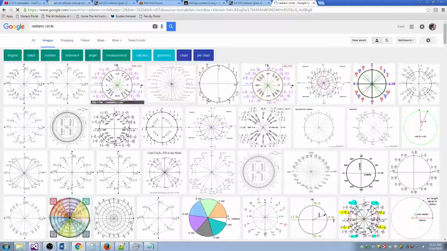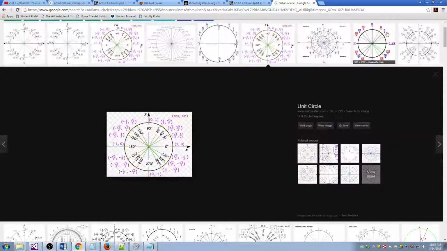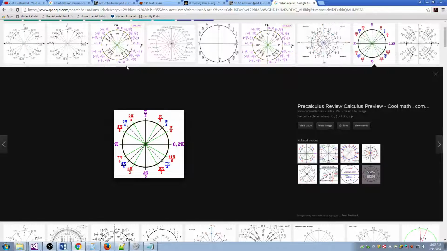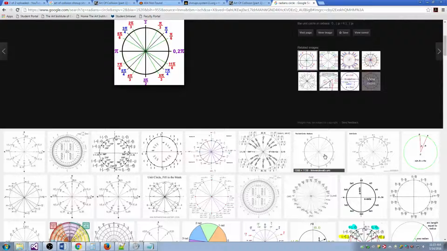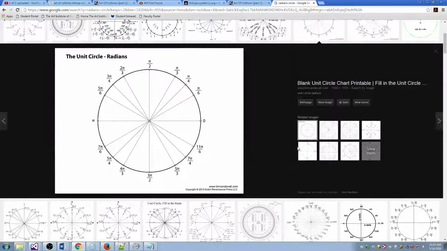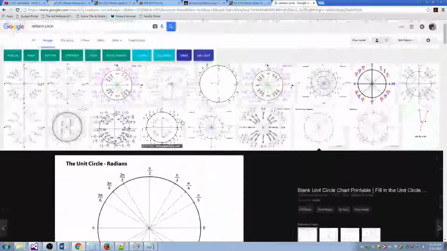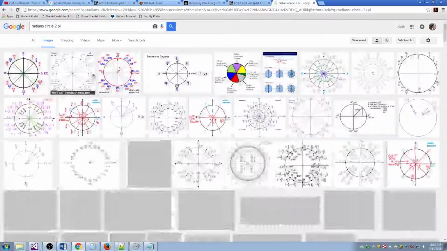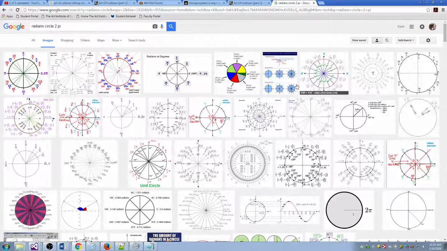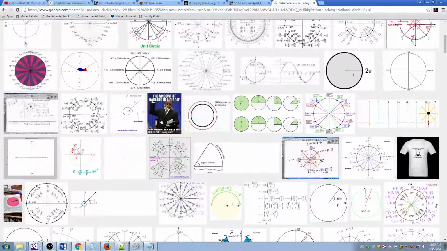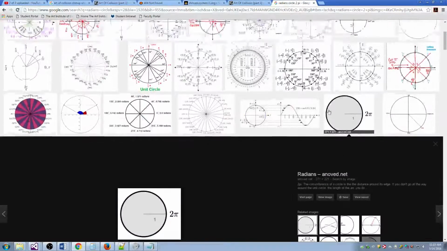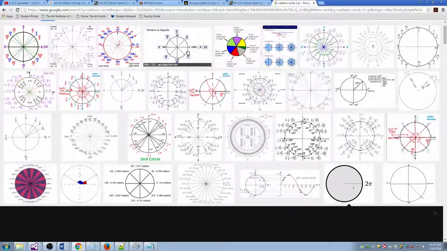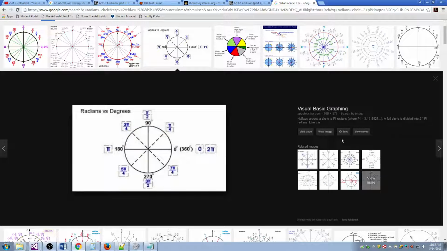So a circle normally has degrees, right? None of these images are very helpful. How about... That's what I want, but I want more than that. How do I draw this? Here we go. This is a good one. Give me a good image.